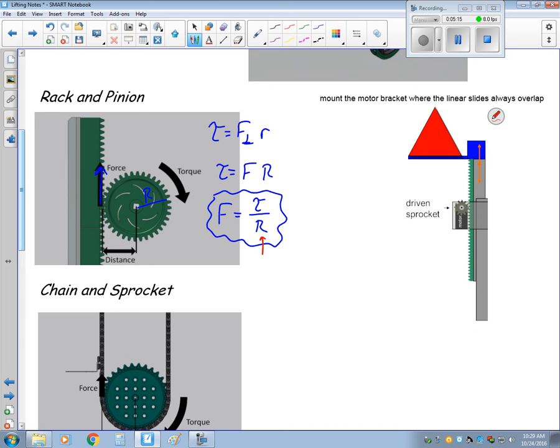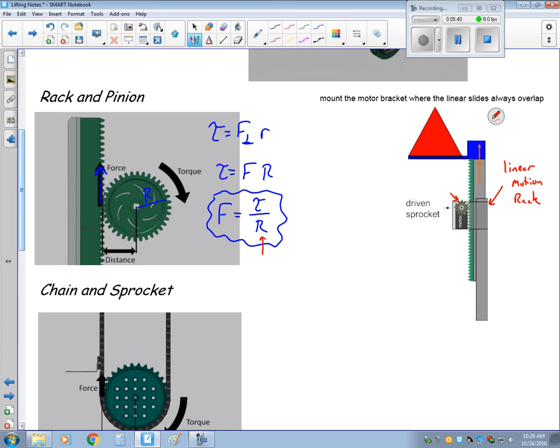Now, the way we set these up, we have to use a device called a linear motion rack. That is a device that you can attach the motor and the pinion gear to, and then it kind of wraps around the other gears. You also have to use the sliders.